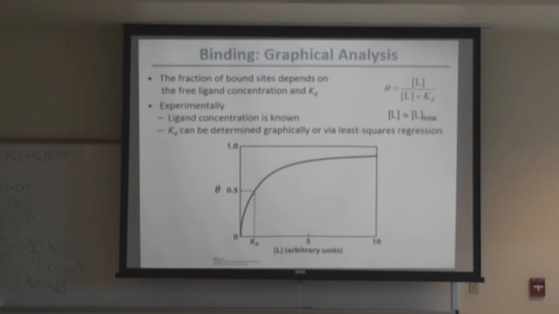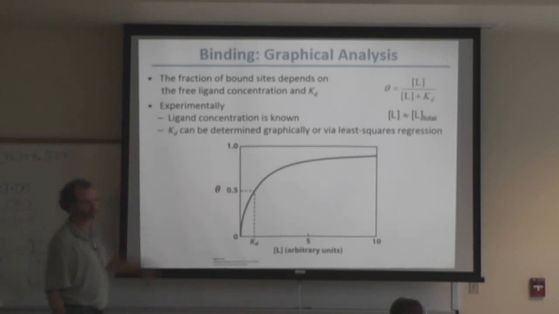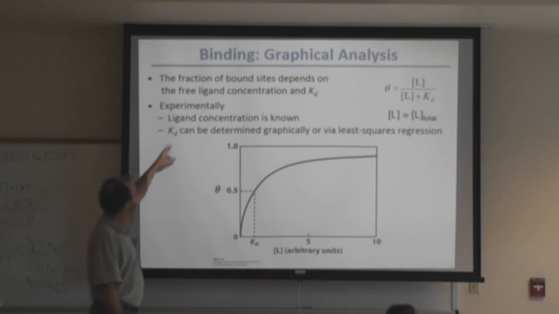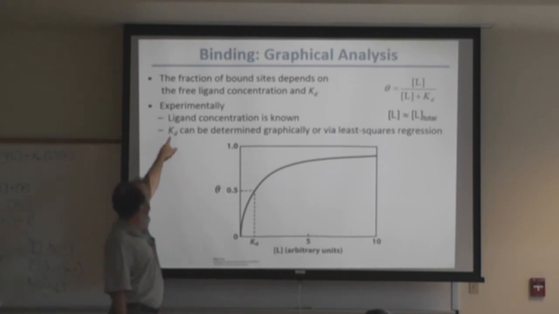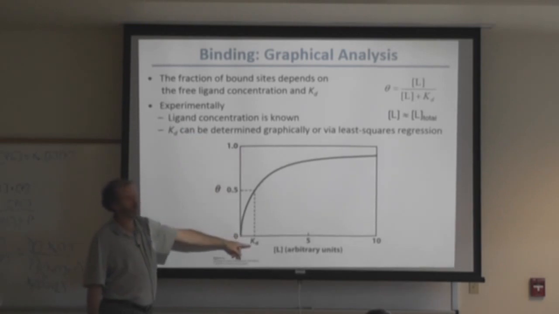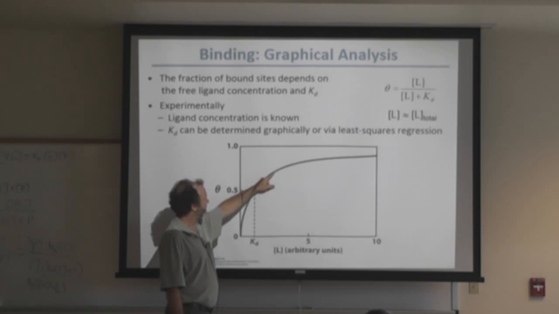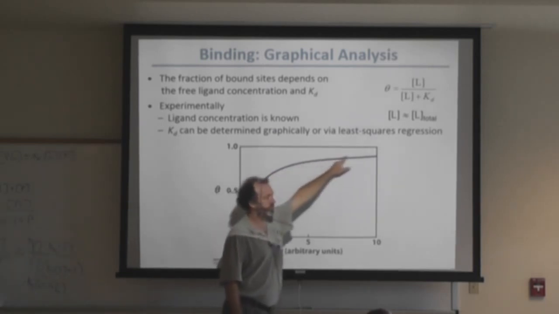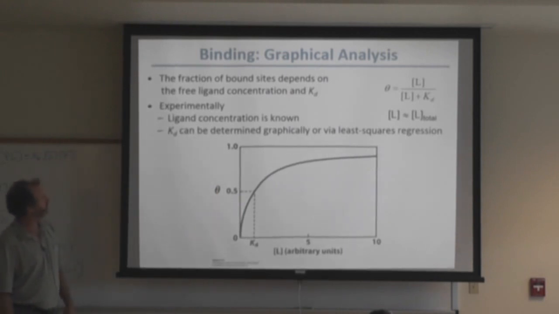So this is what binding looks like. The fraction bound sites goes from 0 to 1. You're not going to have more than 100% bound. It depends on the free ligand concentration and the Kd. As you increase ligand concentration, which is known typically when you do these experiments, it'll go up in a log linear fashion, and then it'll asymptotically approach 100% bound.